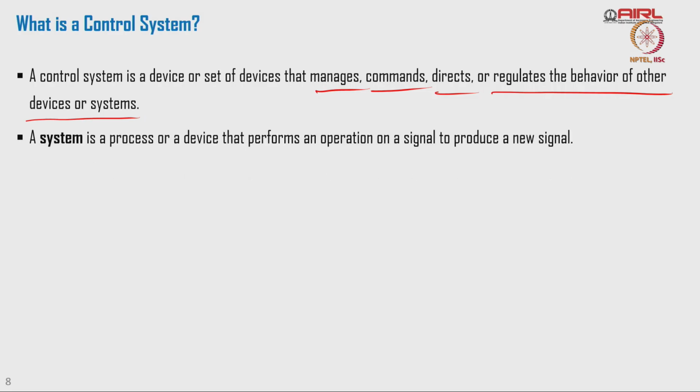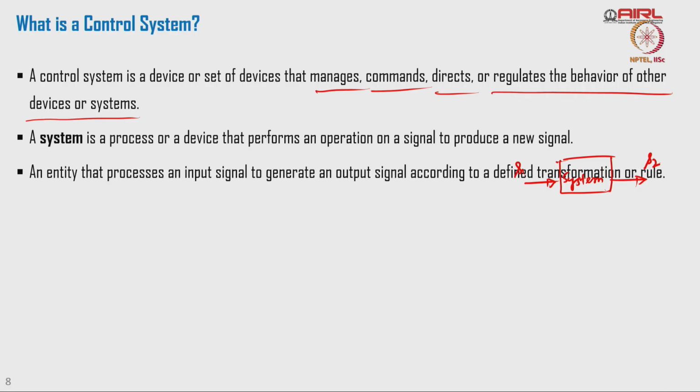So, what is a system? A system is a process or a device that performs an operation on a signal to produce a new signal. I am just drawing it as a box. So, this is the system. What does this system do? It takes some signal and produces a new signal. The first signal is, say, S1, and when it passes through the system, it becomes some signal S2.